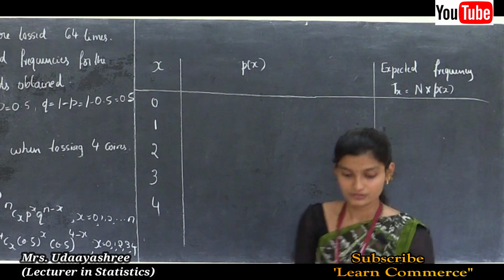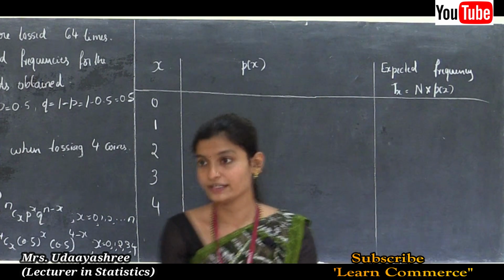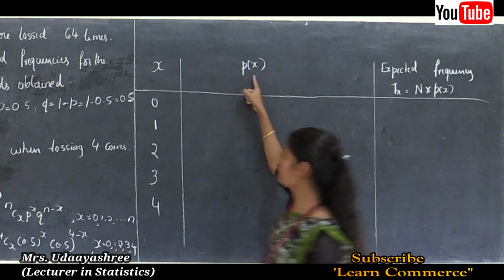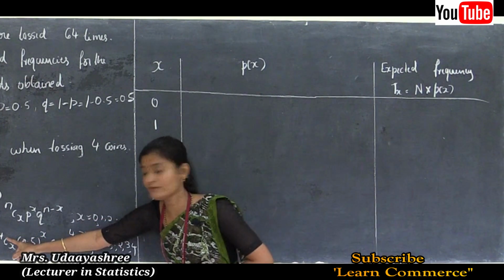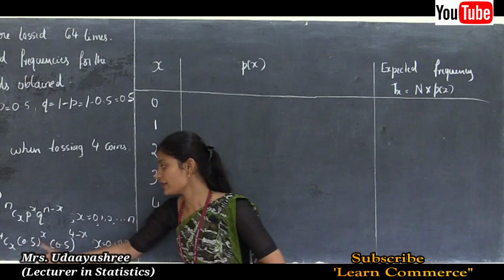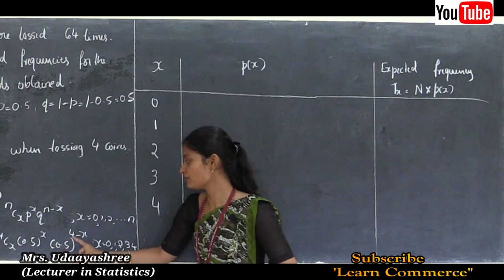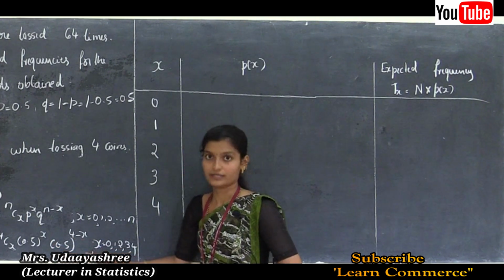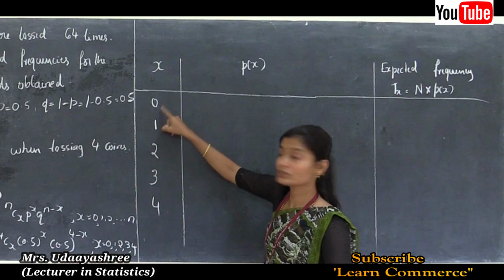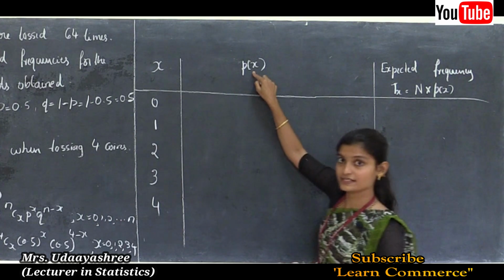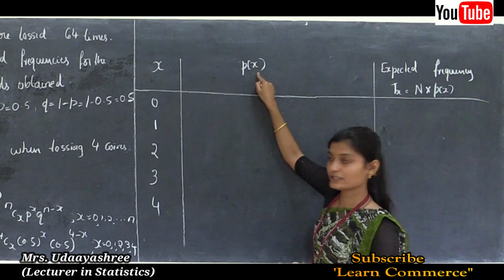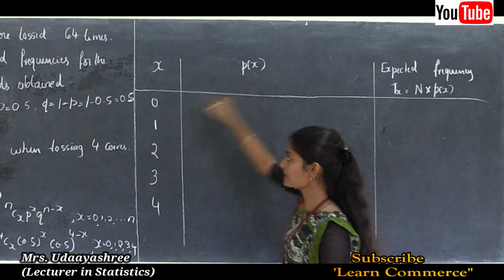Now, first we need to calculate the probability of 0. We know that P of x is 4Cx 0.5 to the power x, 0.5 to the power 4 minus x. Now we substitute x is 0, so instead of x write 0.